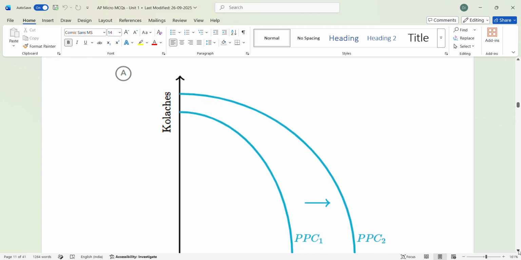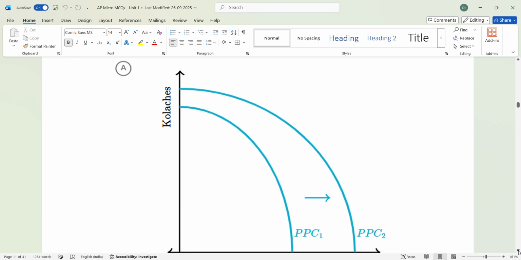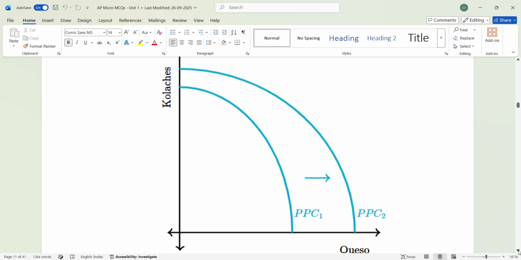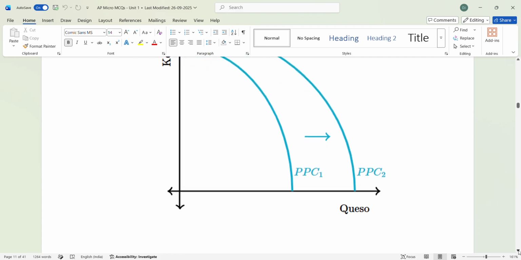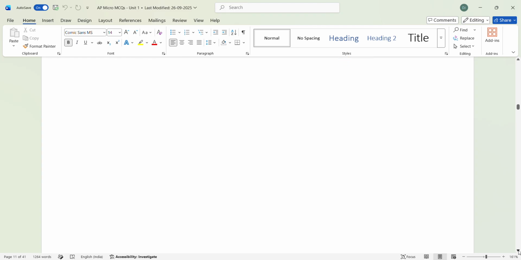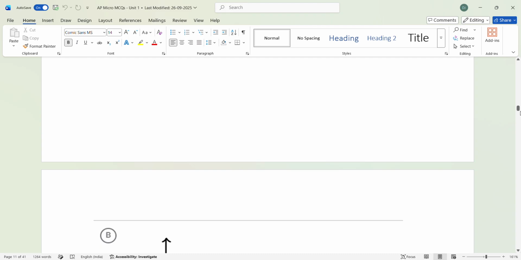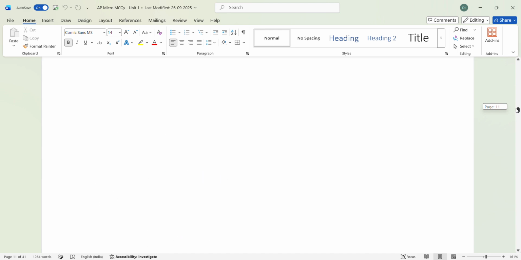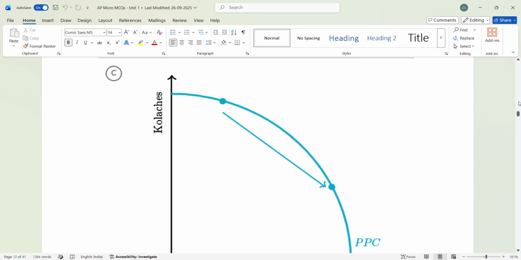Okay, that's option A, right? You have collages on the y-axis and you have QSO, if I'm pronouncing it correctly, on the x-axis. That's option A you have. That's option C. I'll come to option B as well.